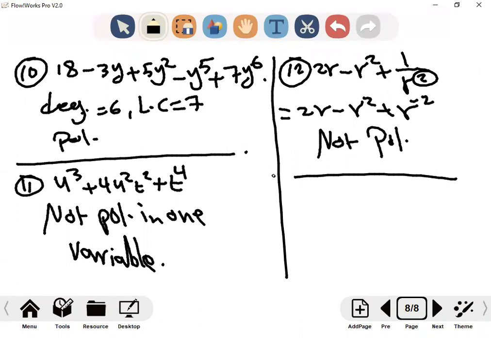You have a negative exponent. If you go back to the definition of the polynomial, the exponent should be non-negative. But how do we know if the exponent is negative or not? In two ways.